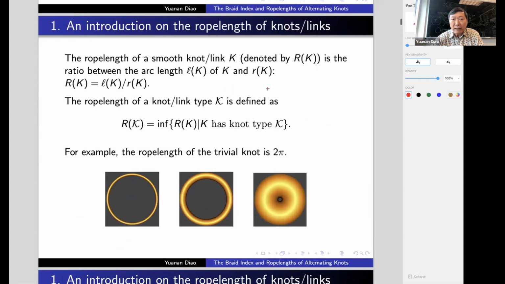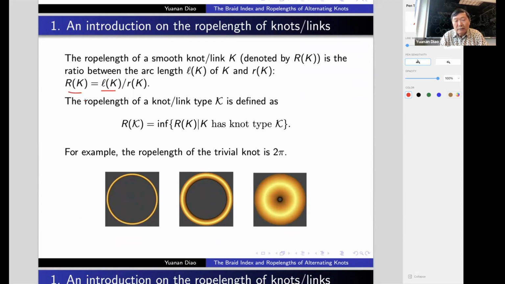Once you can define the thickness, for the given knot K has a length, the curve length. What you do is take the ratio between the length of the curve divided by its thickness, and that gives you a quantity.